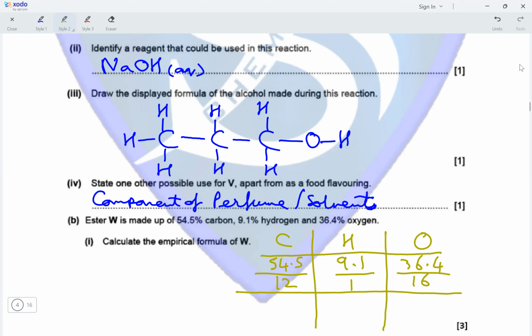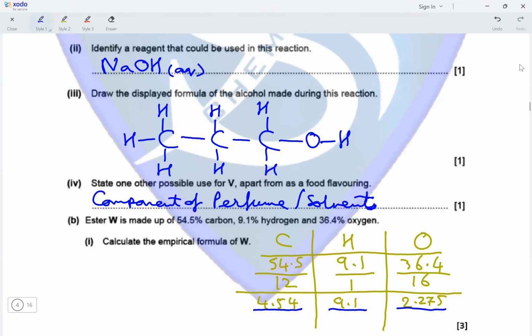This gives us a value of 4.54 for carbon, 9.1 for hydrogen, and 2.275 for oxygen. The next step is to divide these values by the smallest number out of all three, which is 2.275.